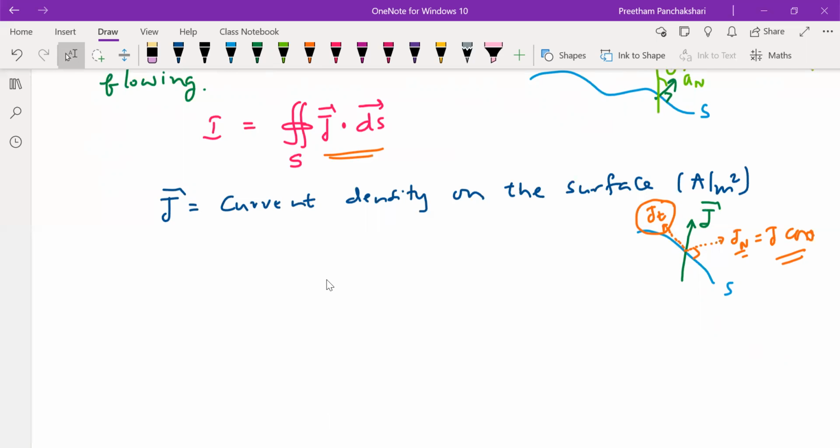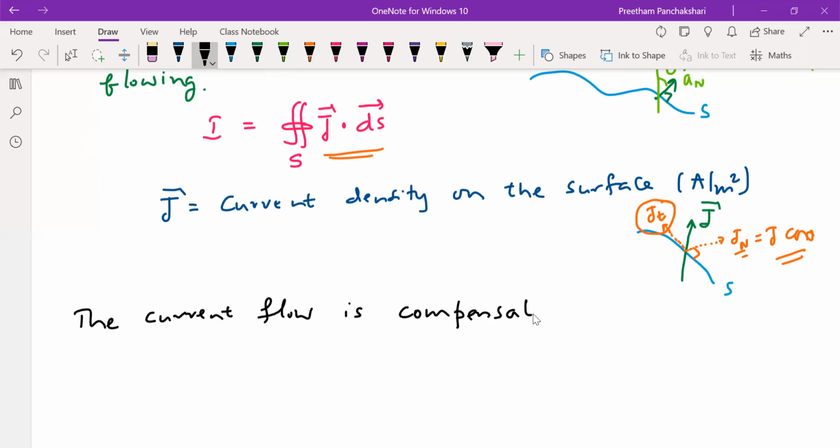Because current is the change of charge, if charge keeps going out of the surface from time to time, then this is compensated by an equal amount of decrease of charge within the surface. So we can make a statement out of this. The current flow is compensated.